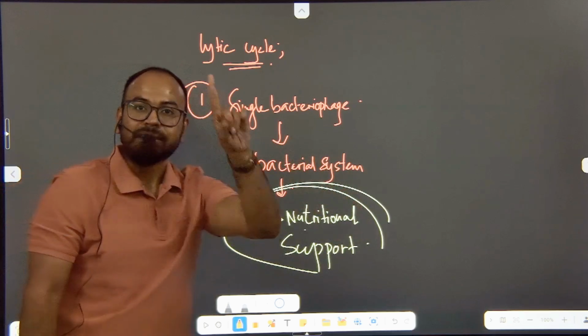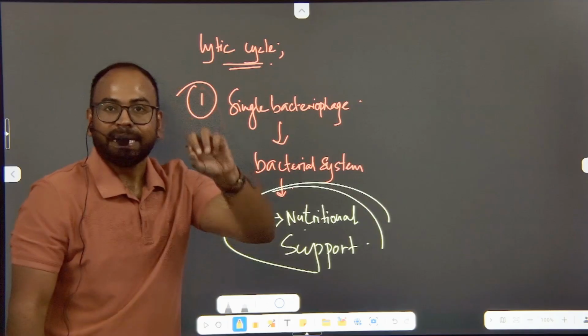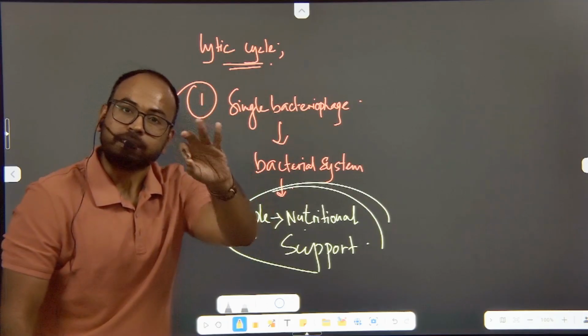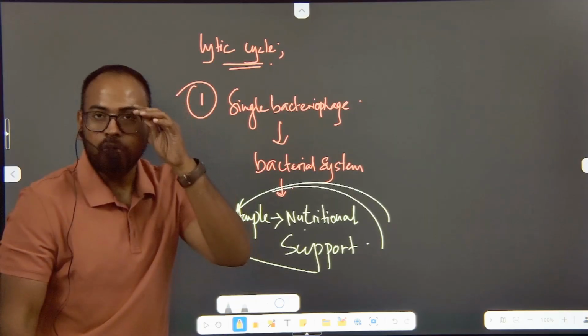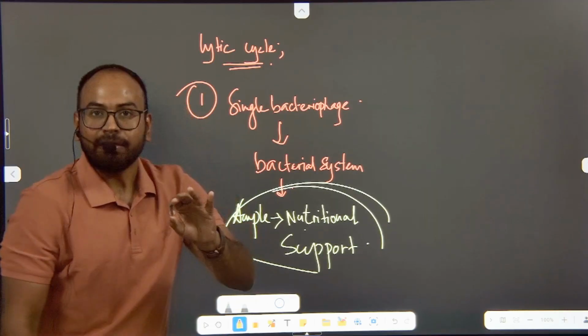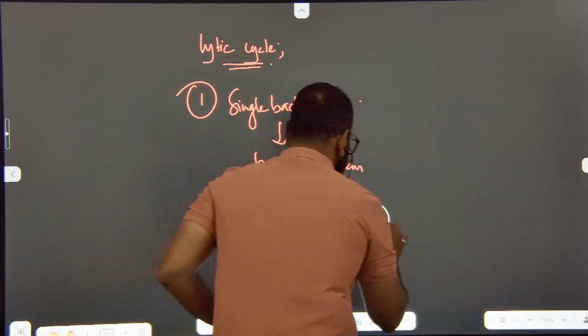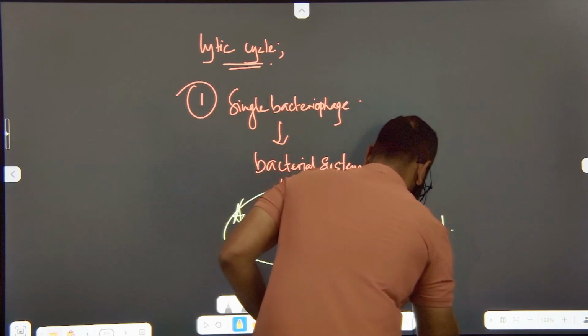So first, one single bacteriophage infecting the bacterial system. Second, the system should be supplemented with proper nutritional support or nutritional backup. What is the reason? Because it can initiate rapid cell division.